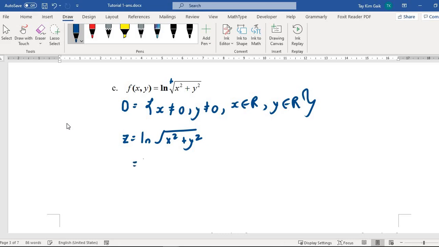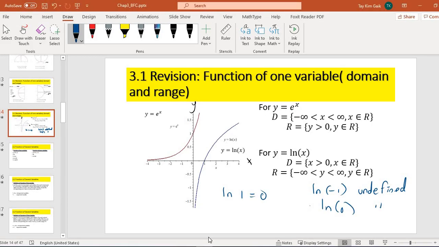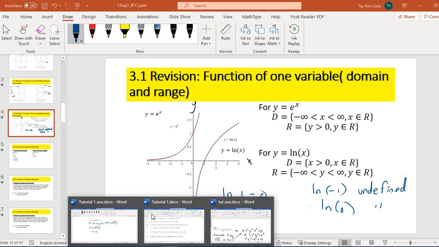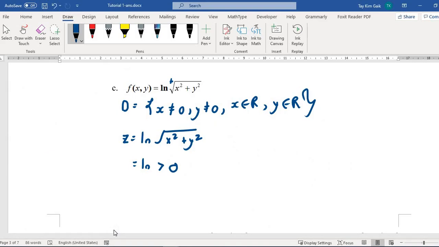So you have something like ln of a positive value. Okay, ln of a positive value. So for ln of a positive value which is not equal to 0, the range is actually all the real numbers. That's why the range here is z belongs to the real numbers.